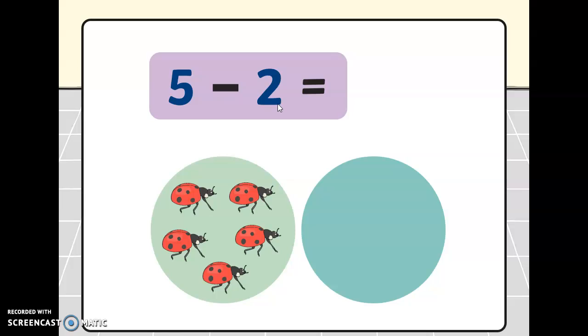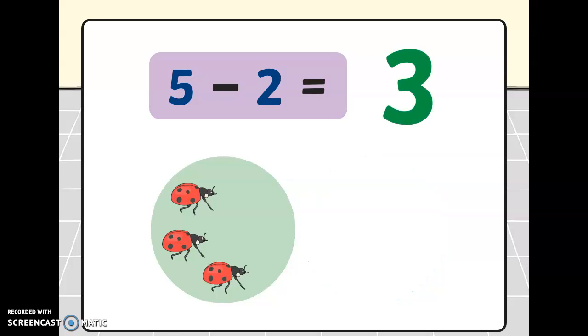So what I would like you to do is put 2 of your fingers down. 1, 2. Okay, boys and girls, how many fingers have you got left up? Well done. We're going to take 2 fingers away, or 2 ladybirds, and we have got 3 left. So 5 subtract or take away 2 equals 3.